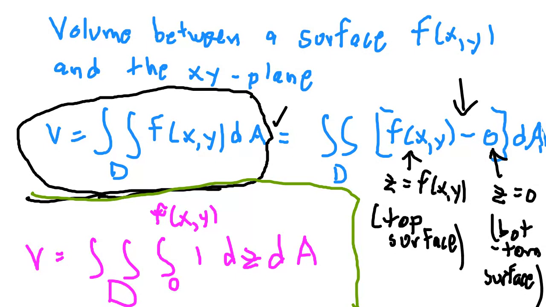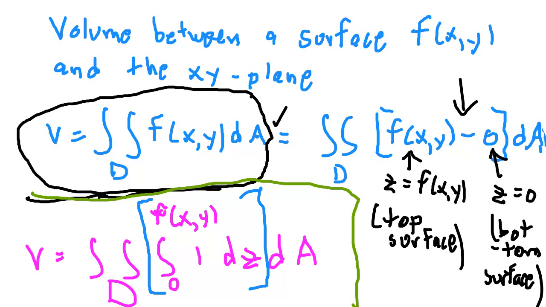In other words, if I iterate this part here, what's the antiderivative of 1 when you're integrating with respect to z? Z, that's right, Narina.